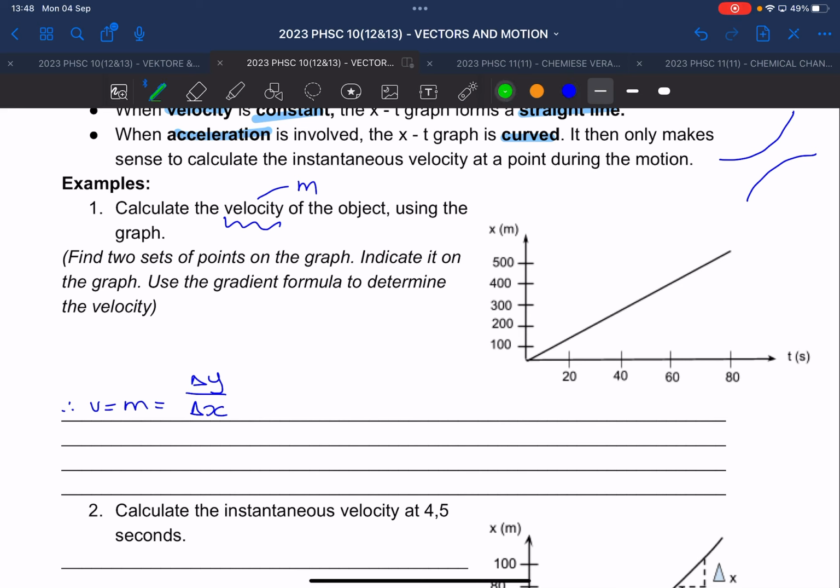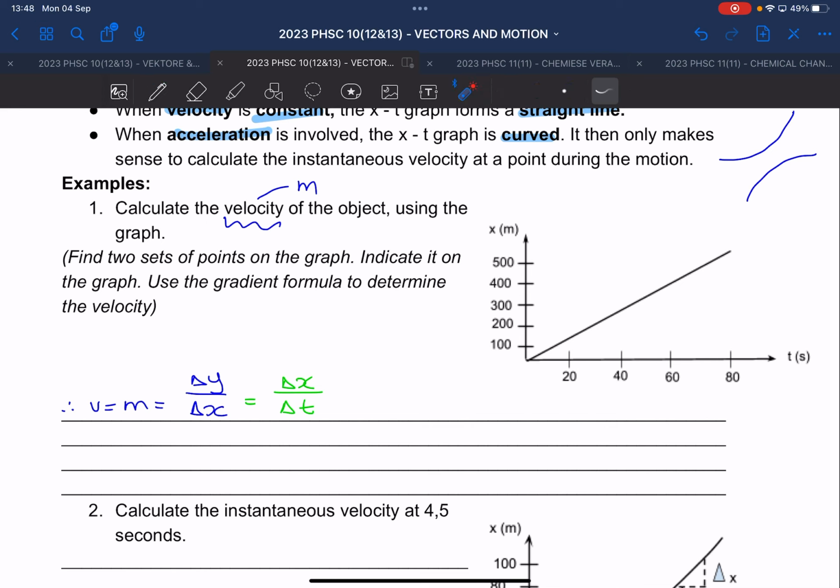And for this graph specifically, the y-axis is x and the x-axis is t. Make sure you don't just copy, but you actually understand what you are copying. So we need the change in x, the change in time.